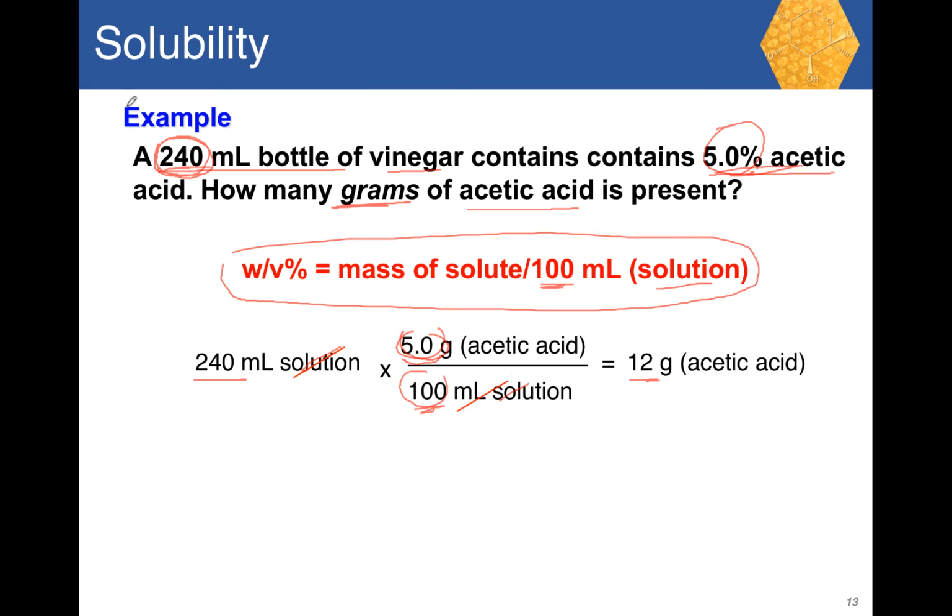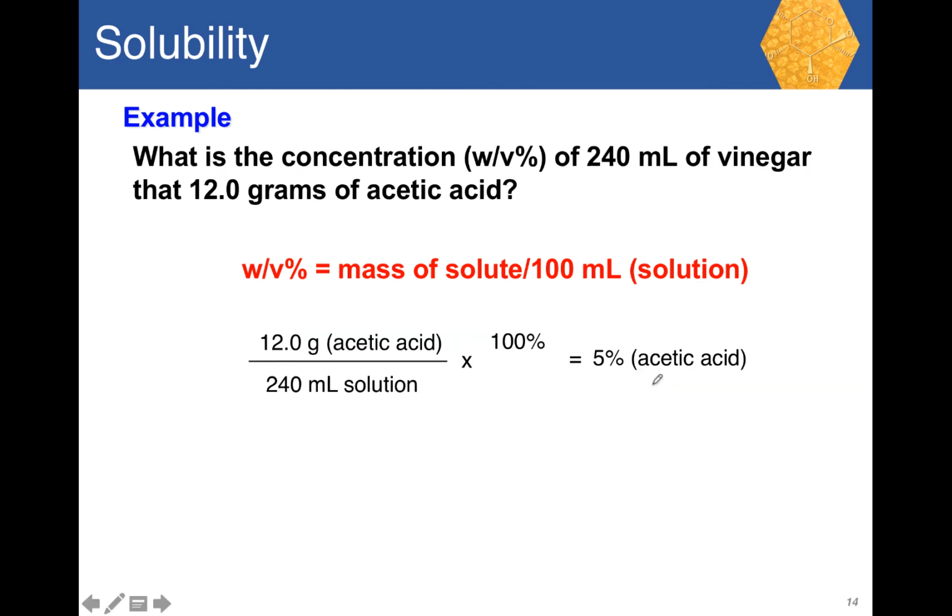Conclusion: a 240 milliliter bottle of vinegar that's labeled as 5% acetic acid contains 12 grams of acetic acid. Let's turn that around slightly.